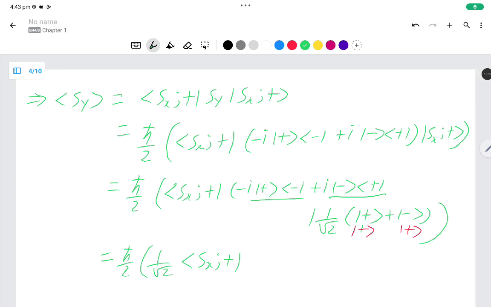So what we will have is this i, and we have negative, then there is minus i, that will be positive.